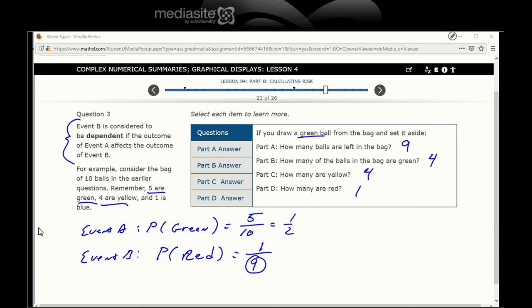So right now, the probability of event B is dependent on event A. Because in event A, we pulled out a green ball, which reduced two things. It reduced the number of greens there are, but it also changed the denominator from one event to the next. So keep that in mind.